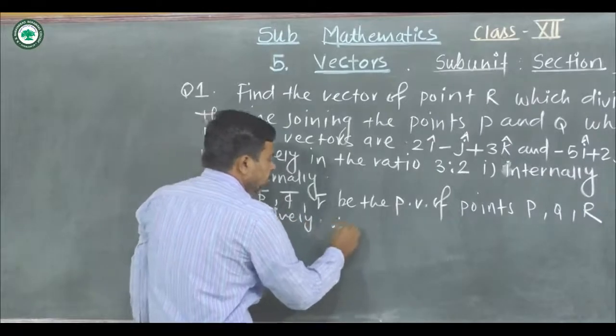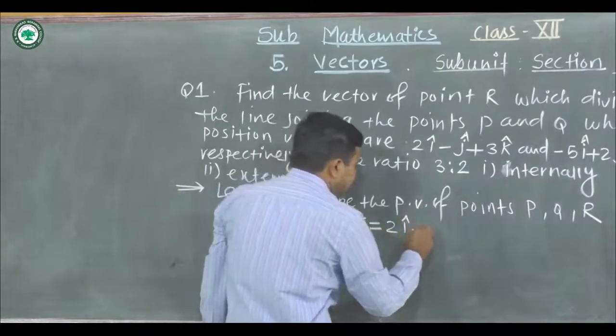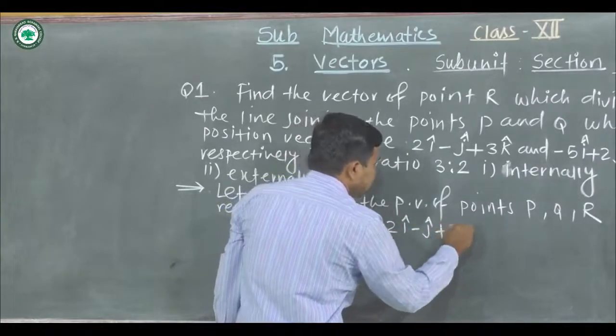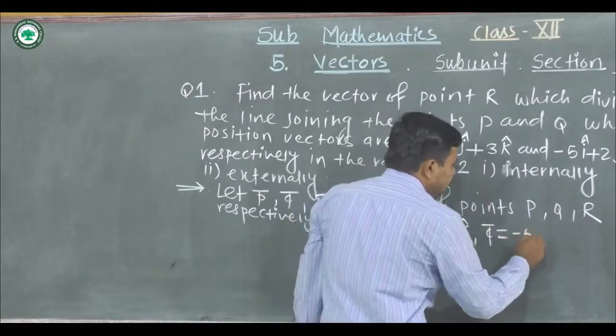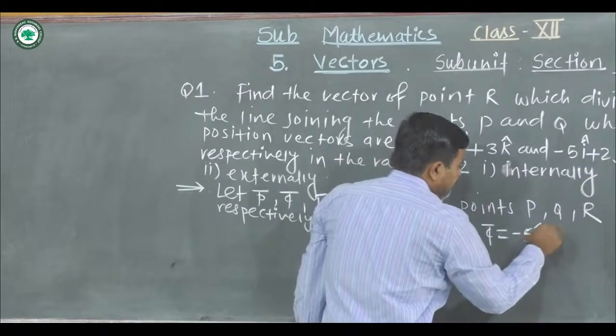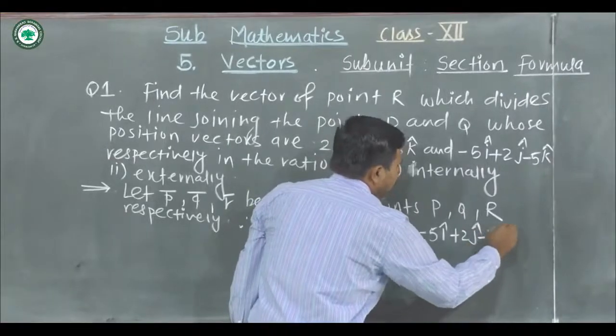So therefore p bar is equal to 2i cap minus j cap plus 3k cap and q bar is equal to minus 5i cap plus 2j cap minus 5k cap.